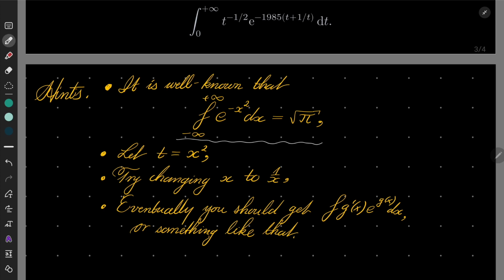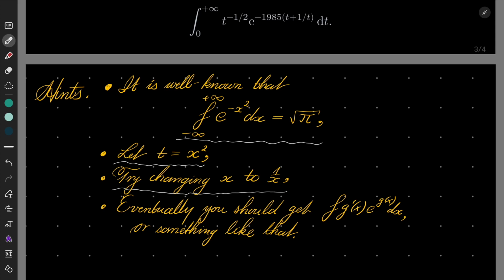Second hint, you can make the following substitution: t equals x squared. Then you can try changing variable from x to 1 over x. You shall see in a moment.